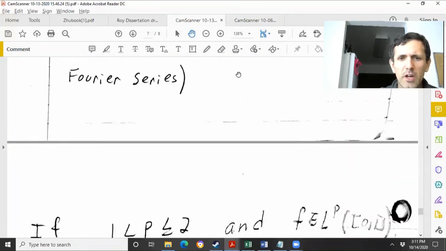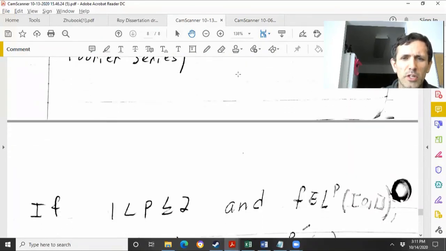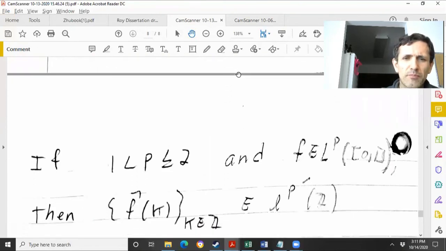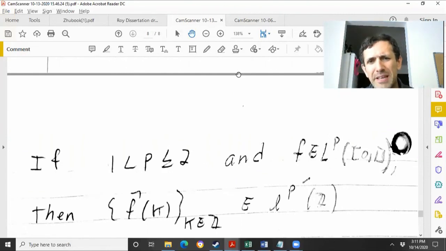So Hausdorff-Young is: if p is between 1 and 2 and f is in L^p of [0,1], then the sequence of Fourier coefficients is in little l^p'.